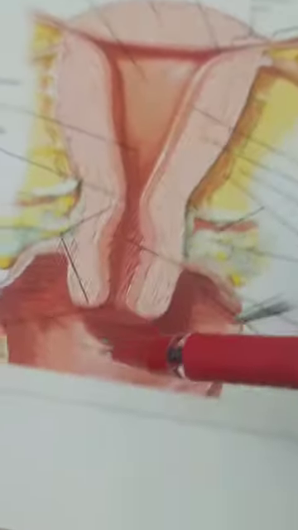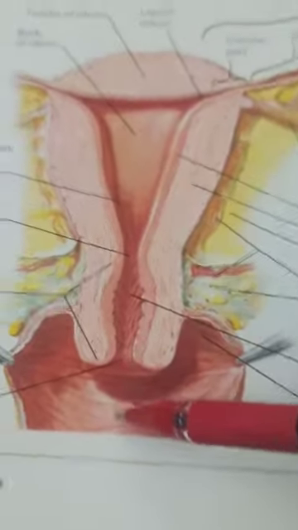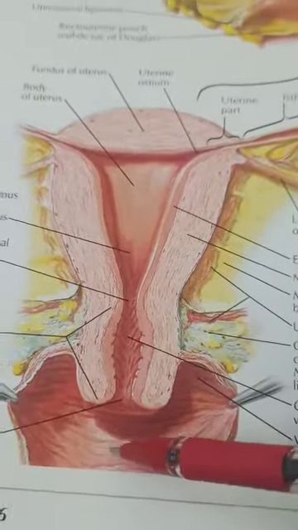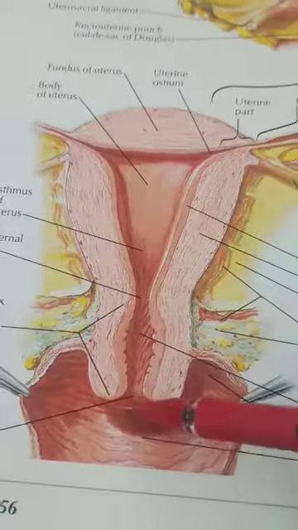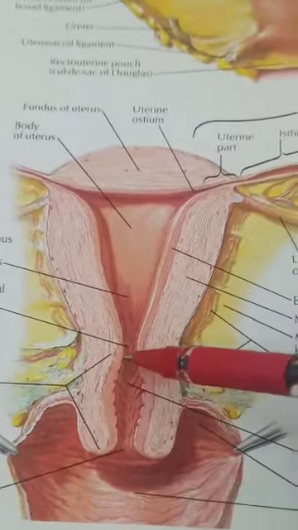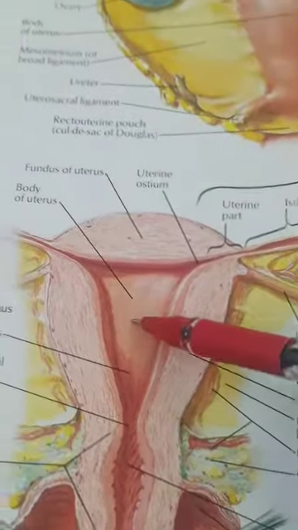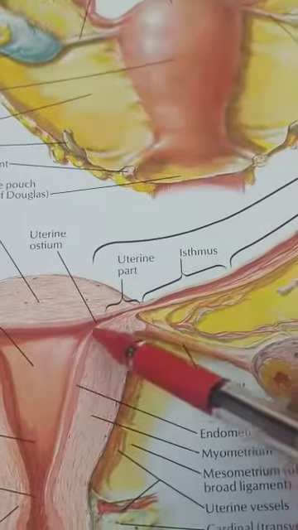And the spermatozoa, which are introduced into the vagina, pass through the vagina, enter the uterine cavity, and pass to the uterine tube.